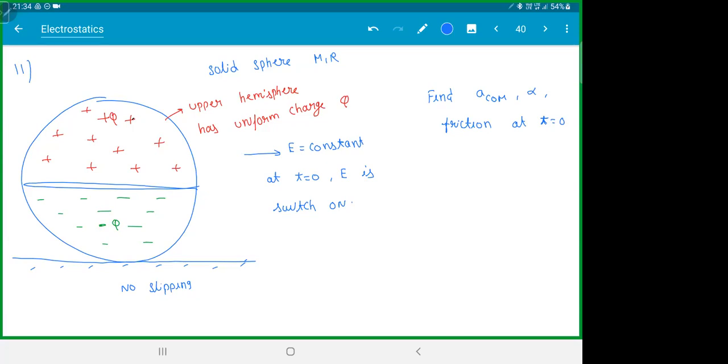What is the catch? Think about it. This will be a proper advanced paragraph question. I can ask you a lot of questions: find omega as a function of theta, describe the motion of the body.